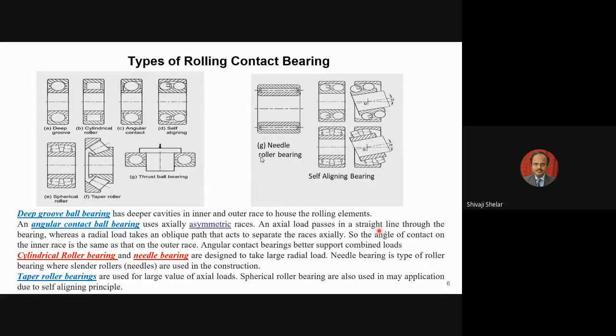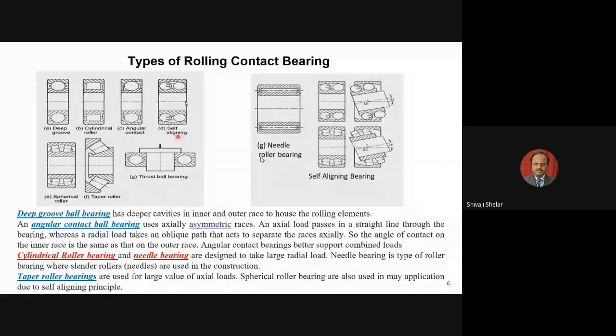In the deep groove bearing the axial load passes in a straight line through the bearing, whereas in angular contact the radial load takes an oblique path, meaning angular bearing. So that separates the races. The angular contact on the inner race is the same as that of the outer race. So the contact here and the contact here should be at the perfect location, so that the angular support directions are opposing each other.